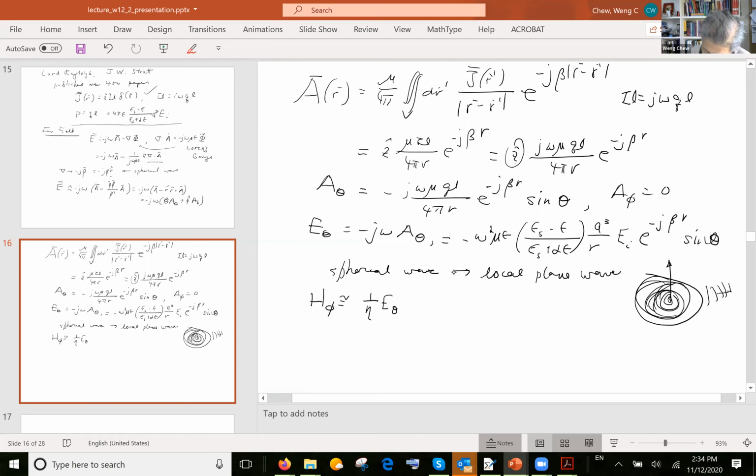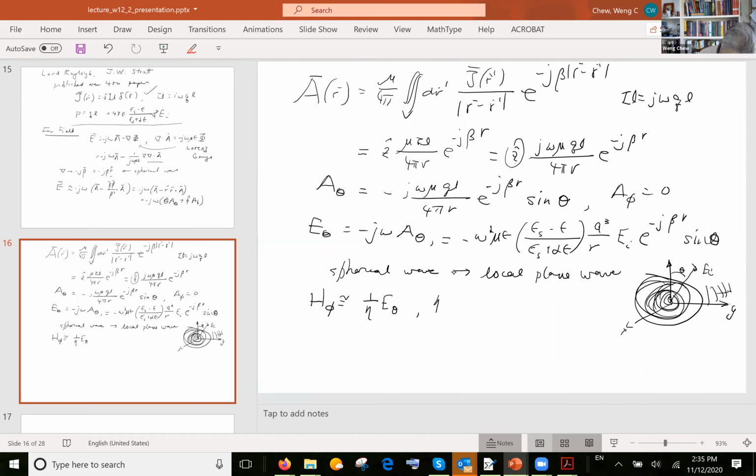assuming that if you have this being your coordinate system, this is x, this is y, this is z, and you can think of E theta as pointing in the theta direction, okay? And then you can figure out what H phi should be using a plane wave approximation for this thing emanating from there.